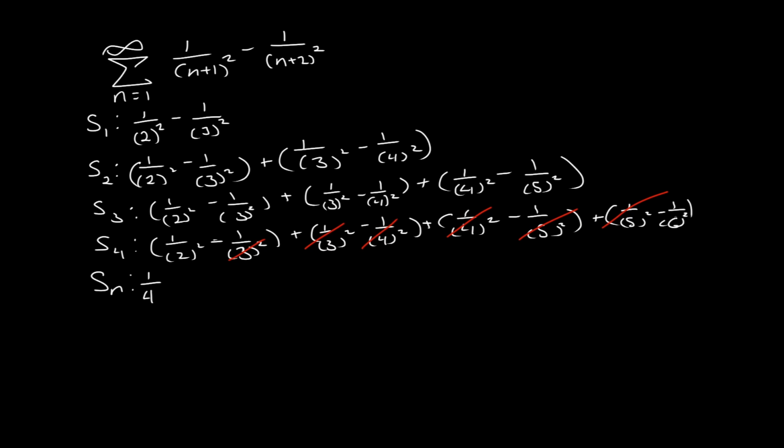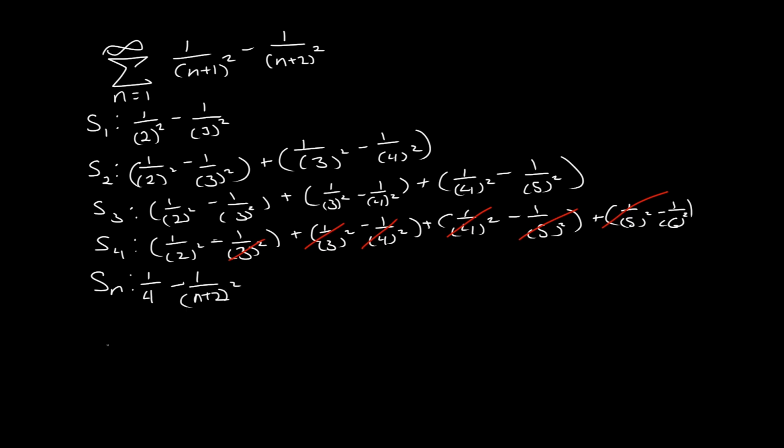And if we look at the last term, this is a 1/6 squared. And again, if we look back at all of these other terms, the last term is always going to be 2 higher than the upper limit. So that means we know that it's negative 1 divided by, because it's plus 2, n plus 2, and it's also going to be squared.